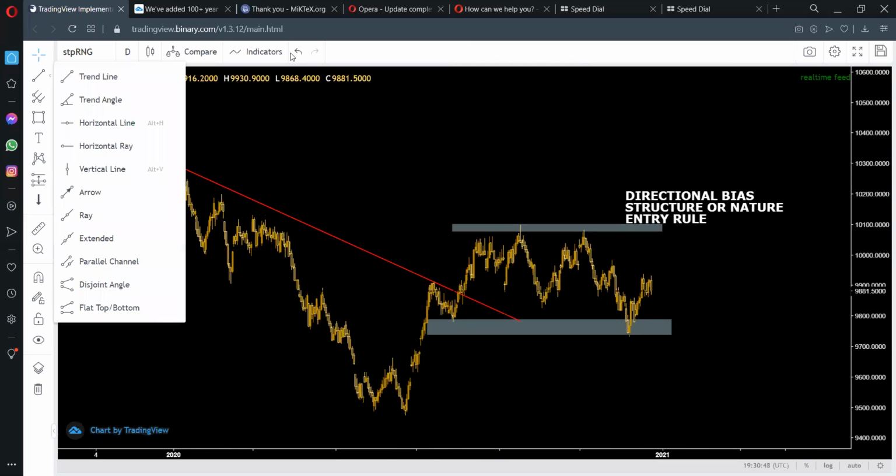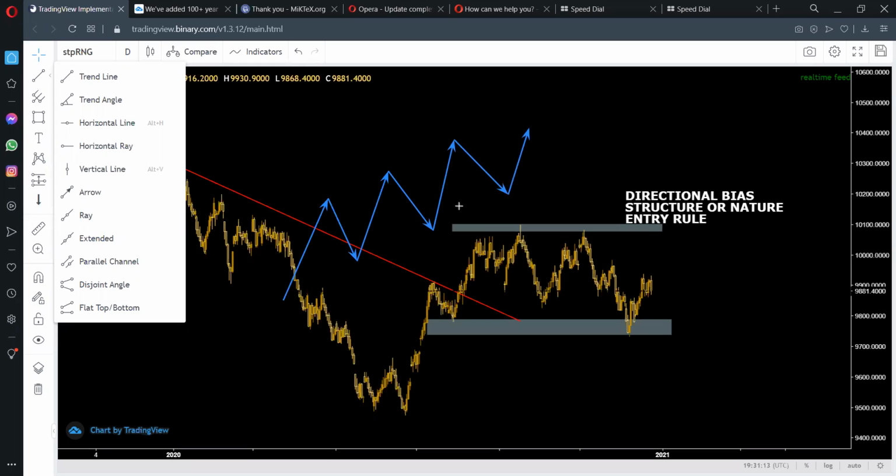Let me do a quick test here. Before we can say that, let's say we are in an uptrend like this: high, low, high, low, high, low, high.